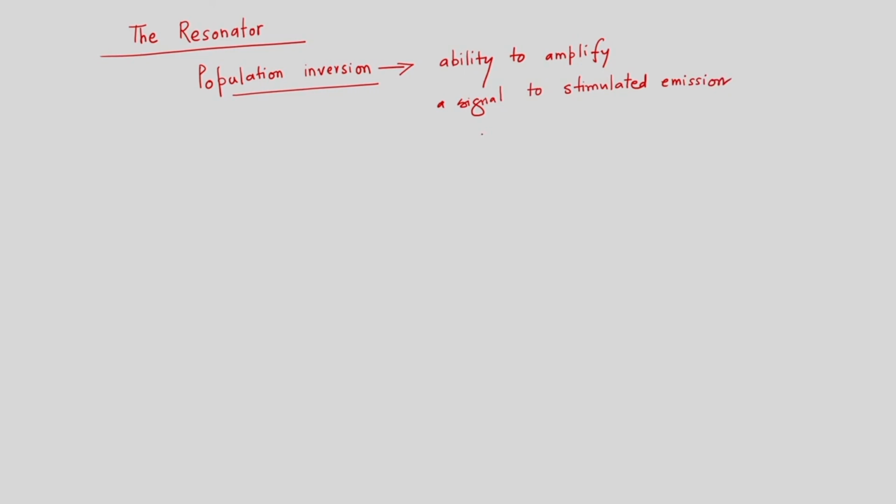But the problem during a population inversion is that during a single pass, the overall gain, the gain means the enhancement that we get in the number of photons in single pass, is quite small.